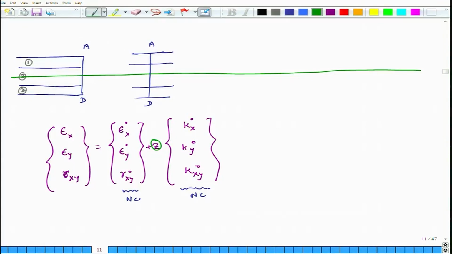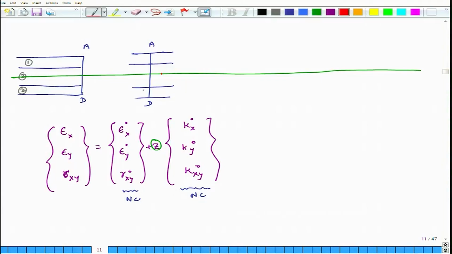At the mid plane the value of z is 0. So, at mid plane what will be the strain? It will be the mid plane strain. So, suppose we want to plot epsilon x along line AD. The strain will be the mid plane strain, and then as I go up or down, depending on whether curvature is positive or negative, the overall strain will vary linearly, because it is a constant plus z times another constant.